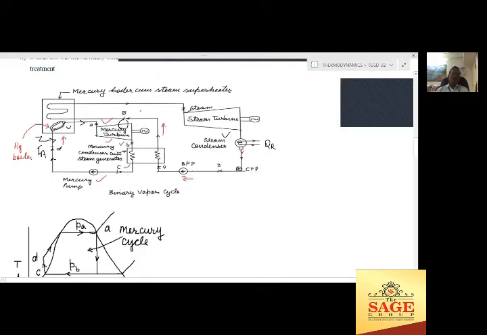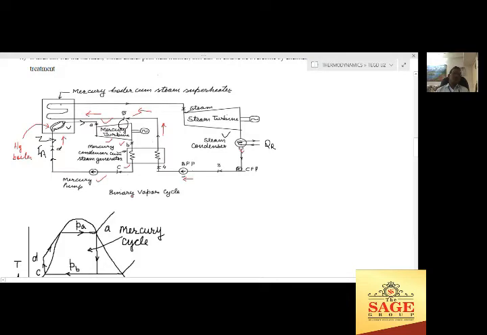This steam passes through this passage and reaches this area, which is called the mercury boiler cum steam superheater. The steam passing through the superheater will be superheated, and the superheated steam passes through this pipe.